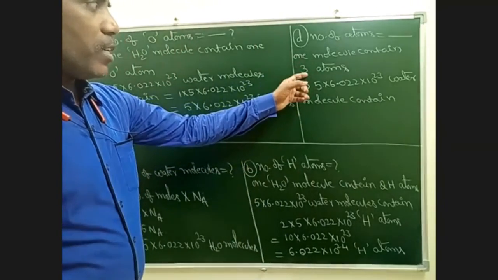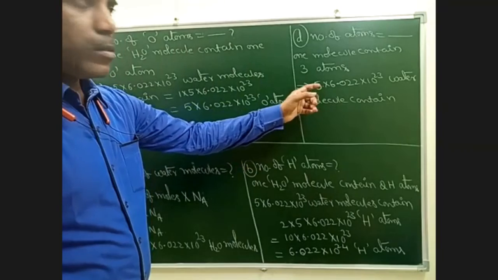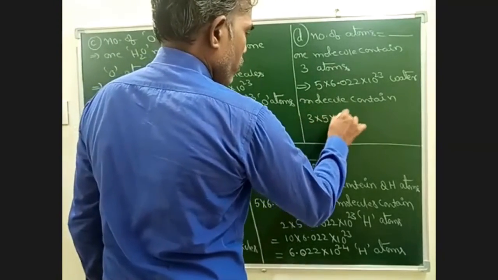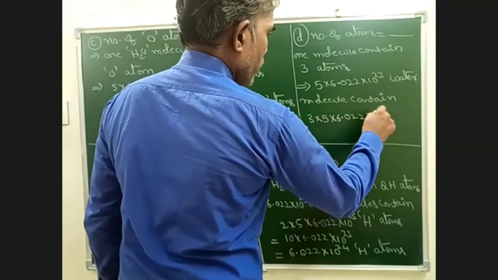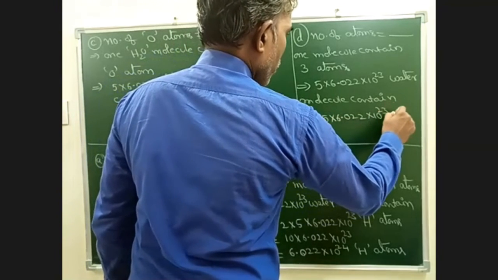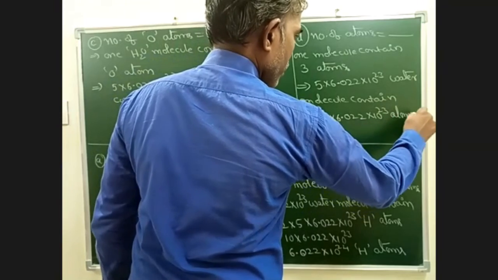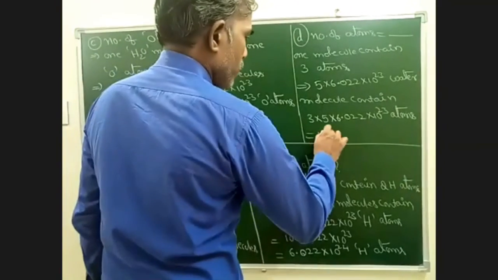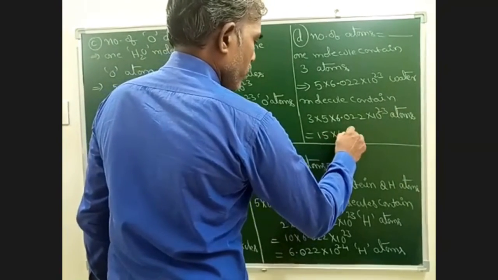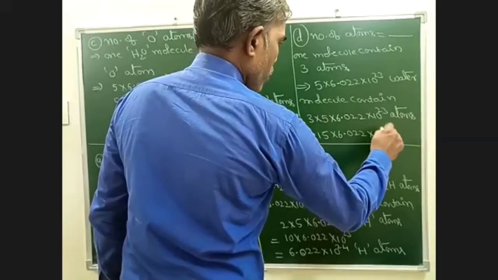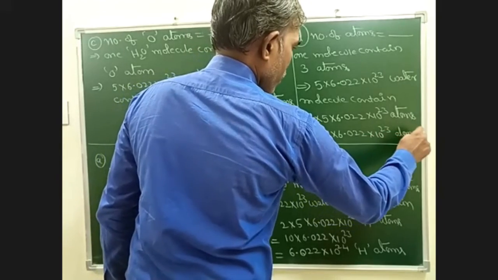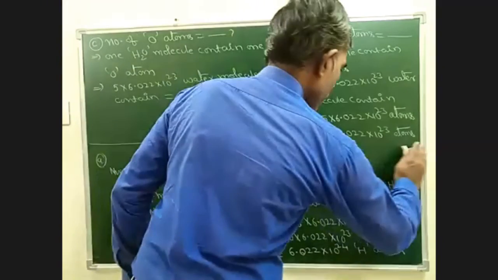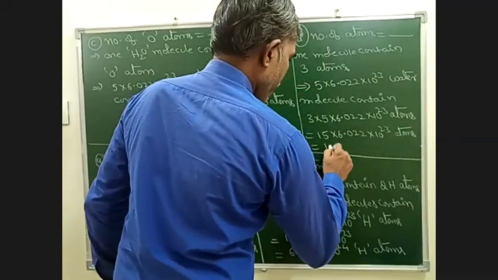One molecule contains 3, then this many molecules contain 3 into this many. So 3 into 5 into 6.022 into 10 power 23 atoms, the combination of both hydrogen and oxygen, which is equal to 15 into 6.022 into 10 power 23 atoms. Simply it can be written as 15 Na.